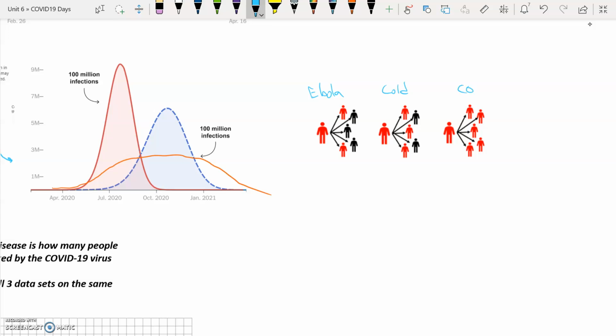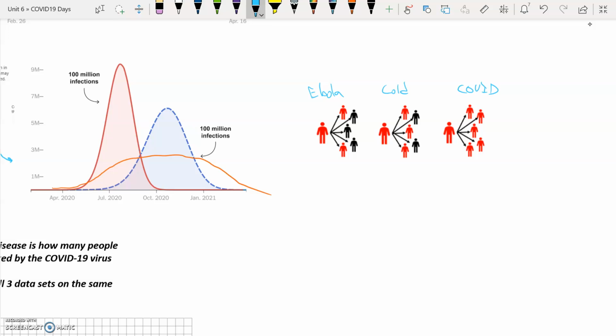Whereas this is your COVID-19. Again, nobody has immunity to it. It's pretty easy to spread. You can spread it just by sneezing near somebody. And so notice what happens on this one, the first one, Ebola, maybe. I'm just using this as an example. One infection leads to two more infections. One infected person leads to two infected people.